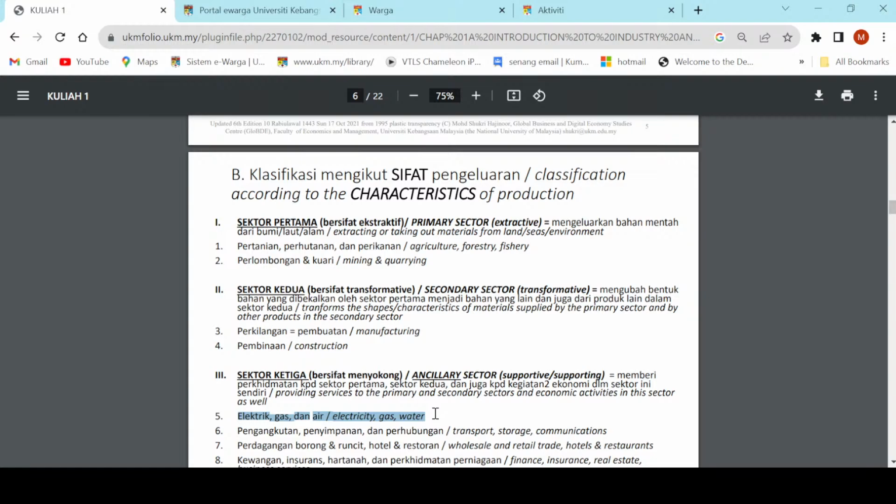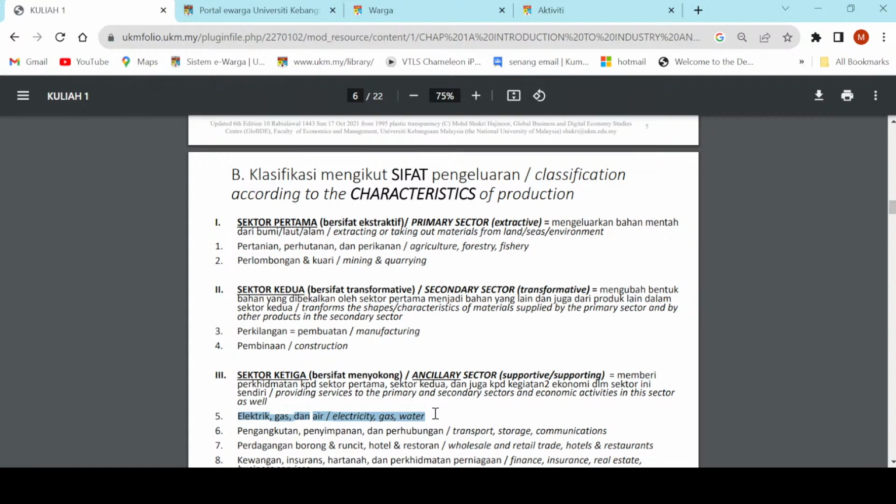It is an industry. So in the past, meaning previously in our second way, we saw electricity, gas, and water here as service. No, not simply service.